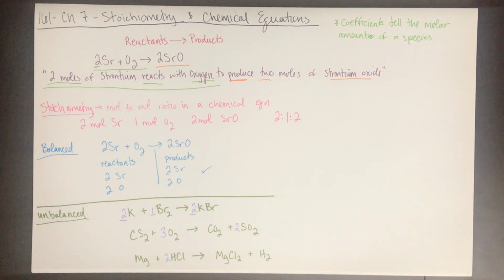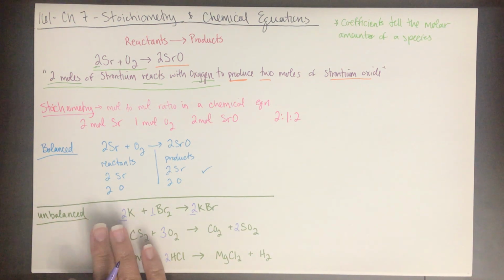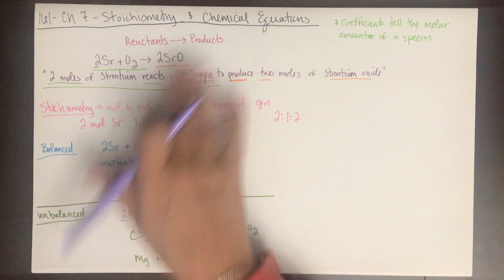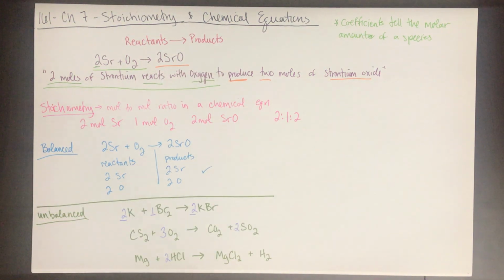But this is something that some people, it's kind of like a puzzle that some people can see right away. And for other people, it takes a little bit of work. So practice balancing equations because this is the first step to doing stoichiometry and all of the calculations that we're going to be doing in Chapter 7.